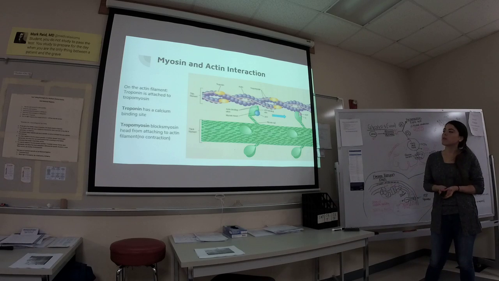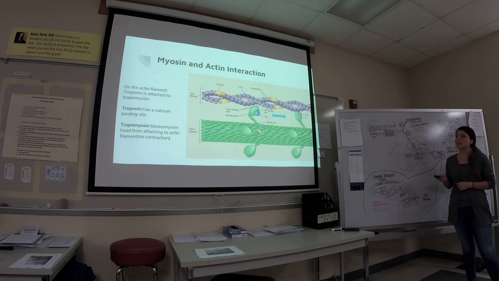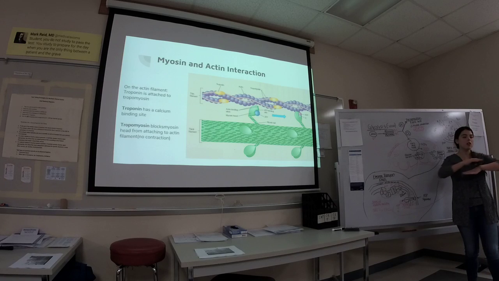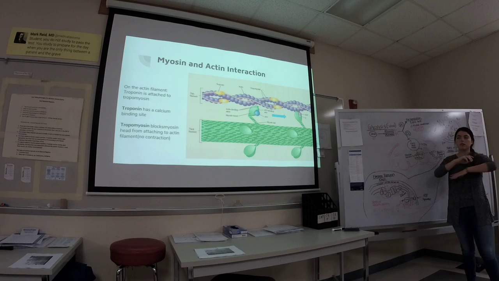So we really have to be aware of the structures that are involved here. This is a thin filament, which I said was what? Actin. Thick filament, myosin. So myosin has these myosin heads, which attach to the thin filament to be able to move and then contract and relax.